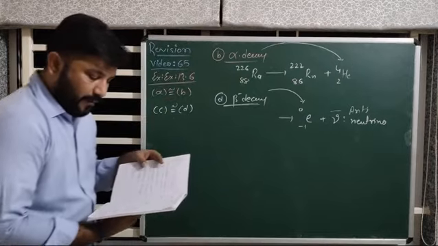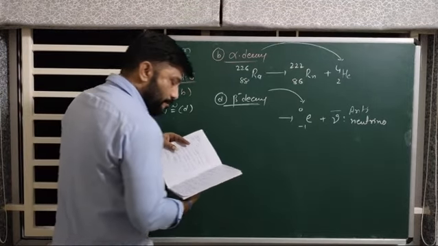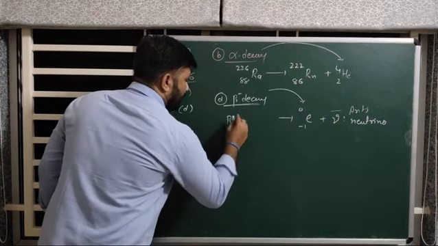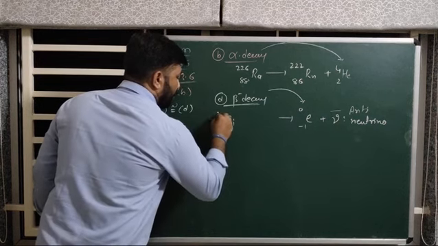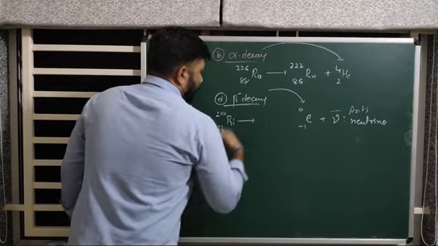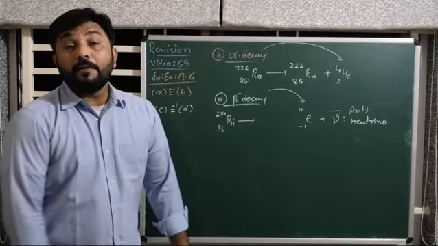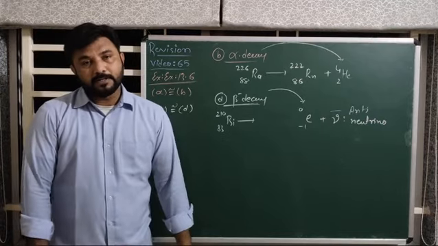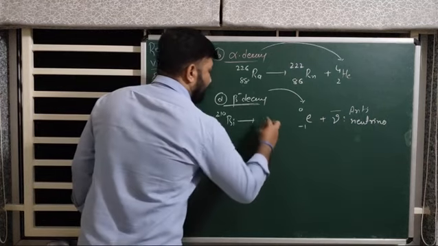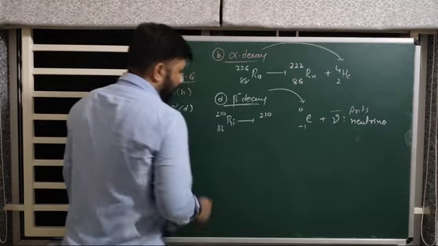Element is given. Which element is there? That is Bi 83, 210. So now beta minus, condition of beta minus. What was that condition? Atomic mass same, that is 210.